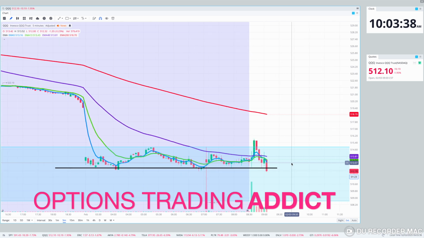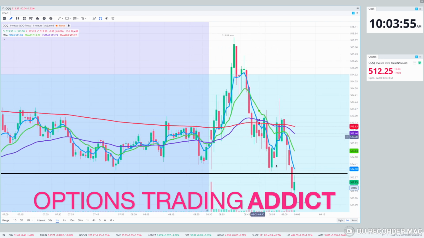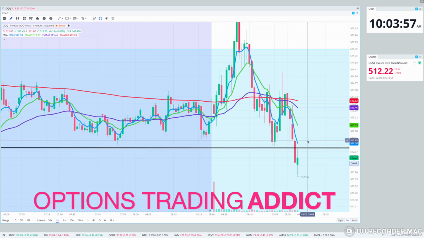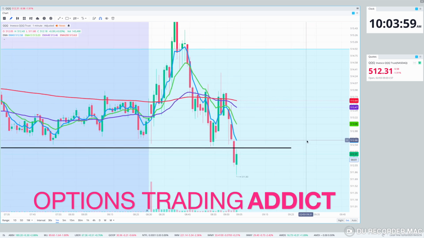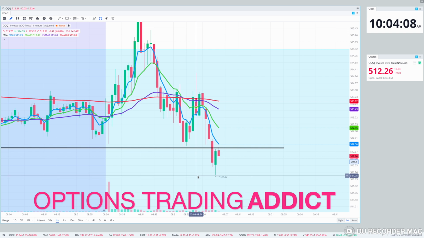So I still think this might pop back up on me. It looks good on the 1 minute, but like I said, that cross happened way up there. And I feel like it needs to do another pull back up to work out, really. So I didn't get into that trade.